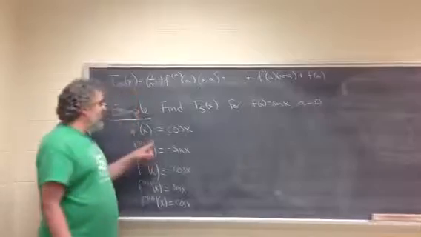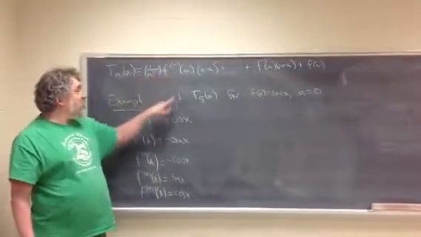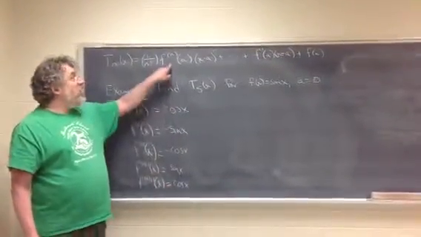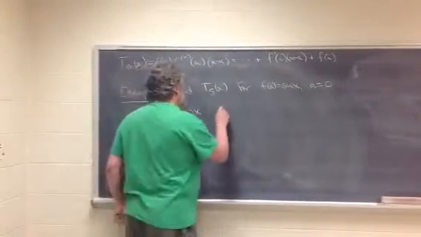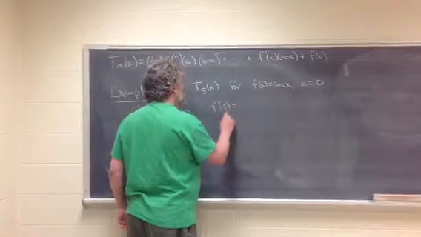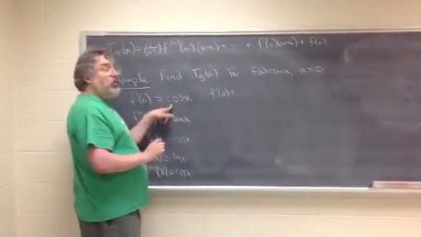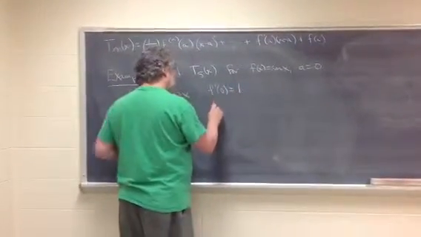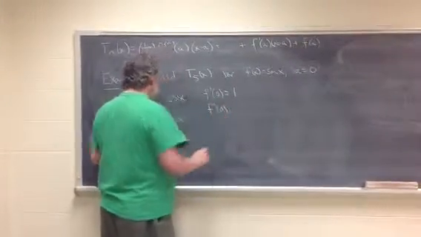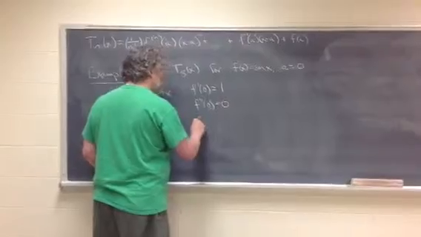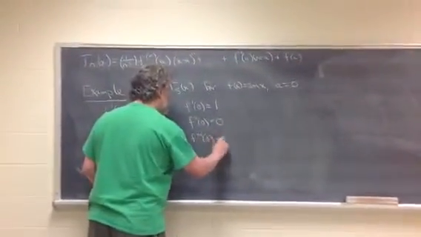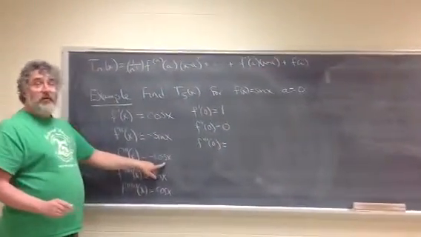Now, if you remember the formula, we don't actually care what these formulas are. We care what they are at a. And a is 0. So f prime of 0, well, put a 0 in here. It's 1. F double prime of 0, put a 0 in here. Well, that one's 0. Triple, put a 0 in here.